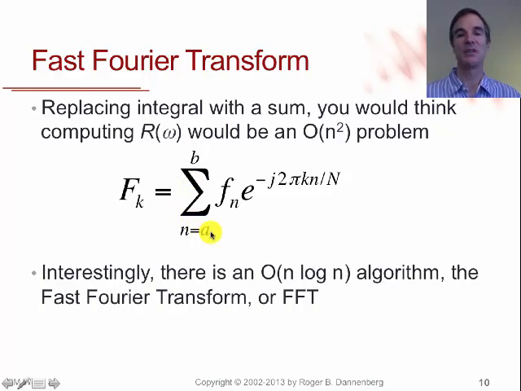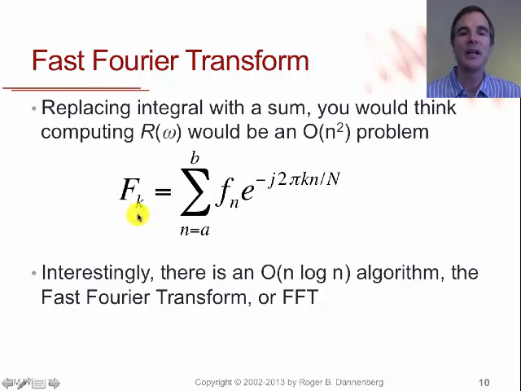Okay, so this is what the discrete Fourier transform looks like. This is what we actually turn into an algorithm and compute when we're computing Fourier transforms on a computer. And looking at this, what's the complexity here?